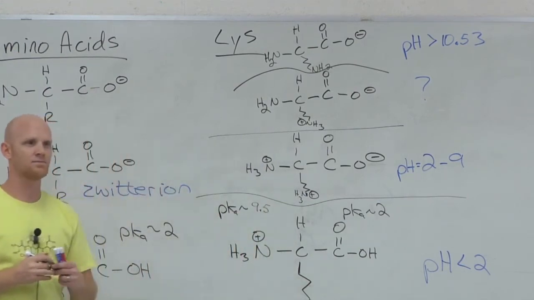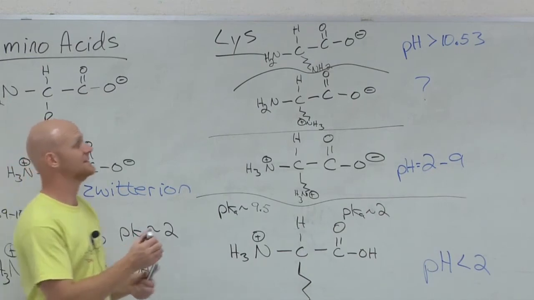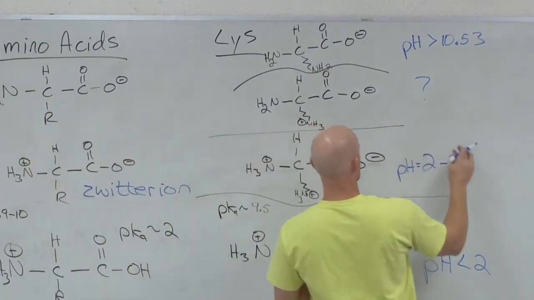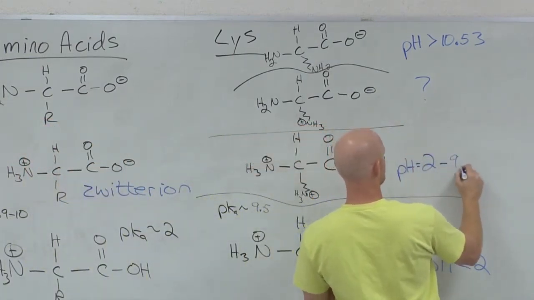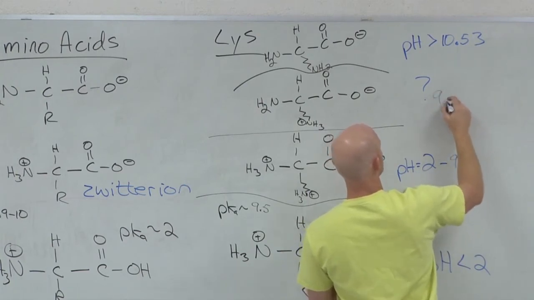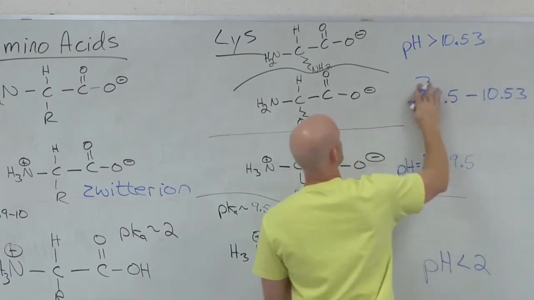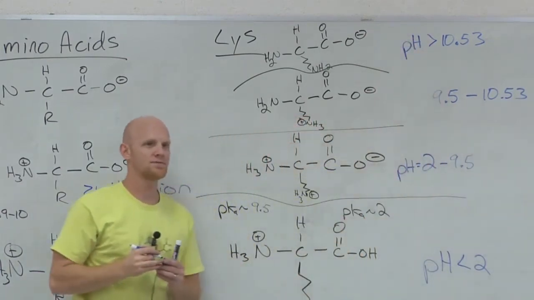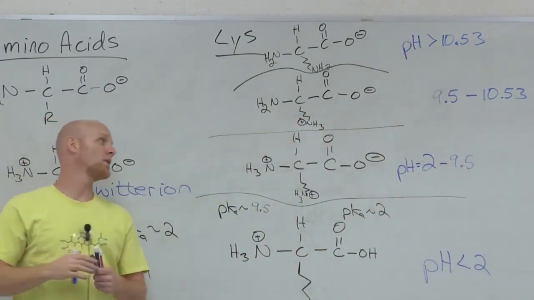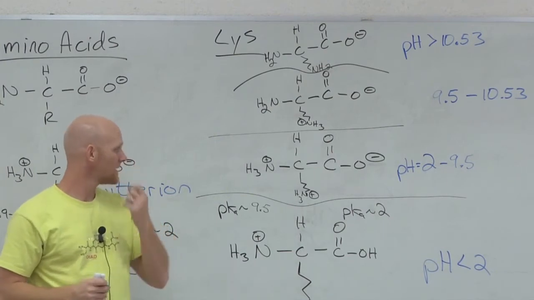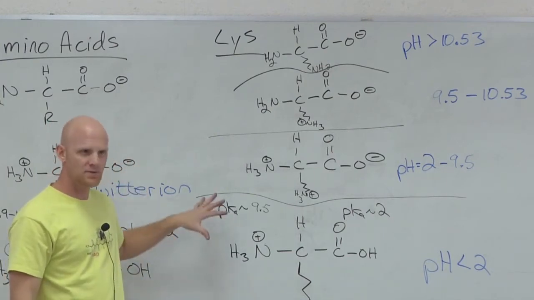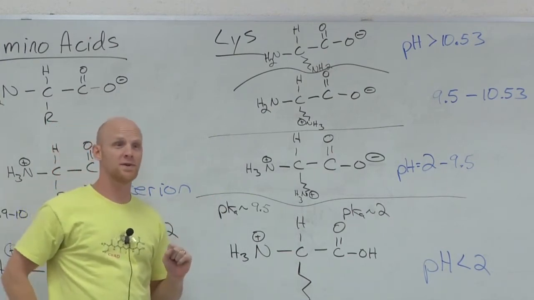So I'm going to give a concrete value on that. And that way I can say this went till 9.5. This one range goes from 9.5 to 10.53. And then that's pH greater than 10.53. This is important for the purpose of calculating pI. So again, if you needed these kind of values, they would be provided for you on the exam.